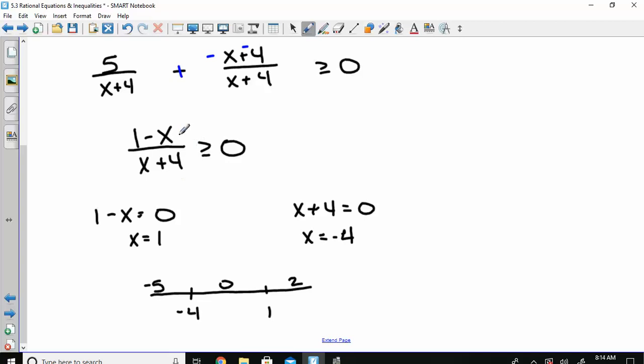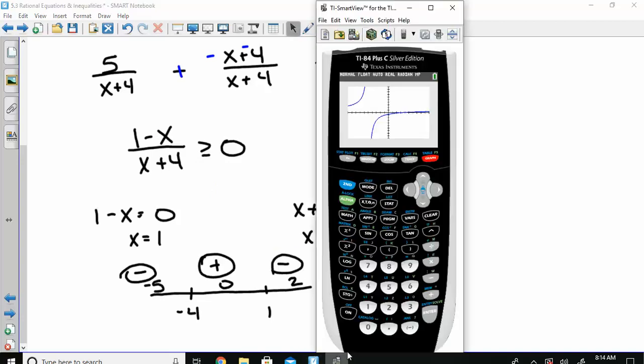So like 1 minus -5 would be positive, -5 plus 4 is negative, so that section is negative. 1 minus 0 is positive, 0 plus 4 is positive, so that's positive. 1 minus 2 is negative, 2 plus 4 is positive, so that section is negative.